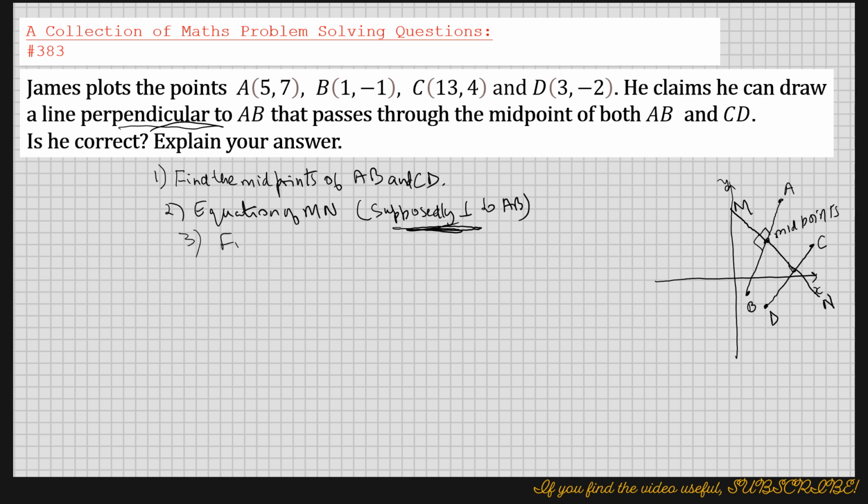Find the gradient of AB. Compare the gradient of AB and MN. Sorry, I meant to write gradient.